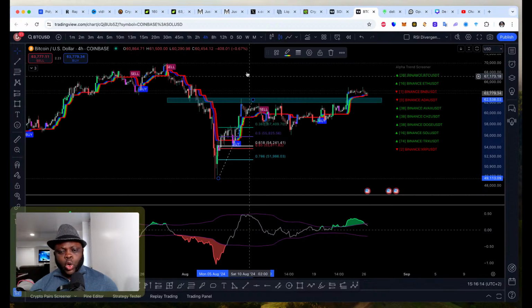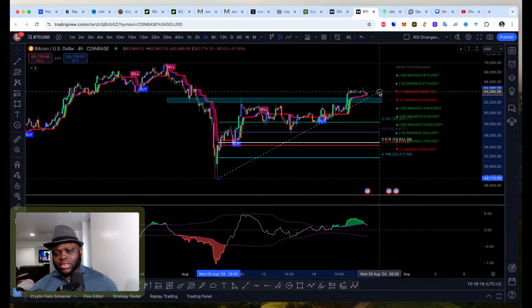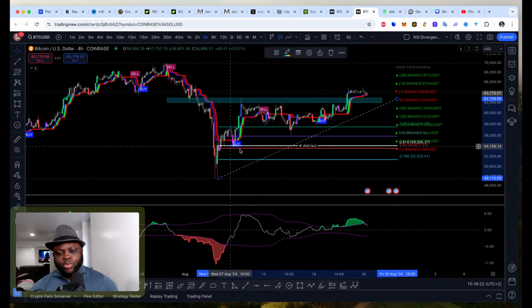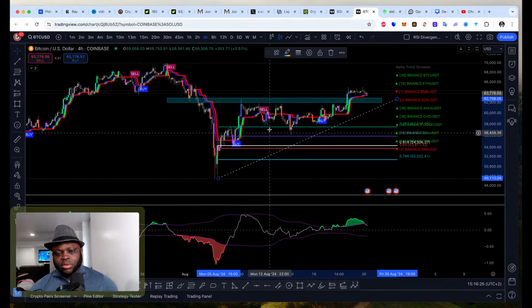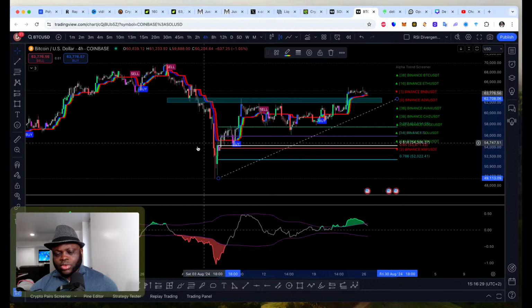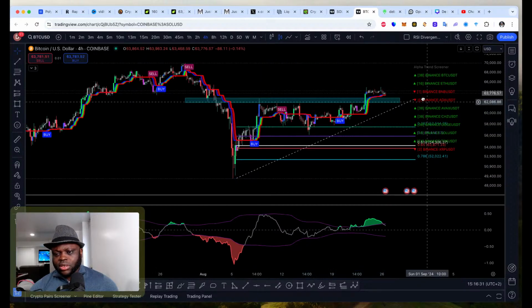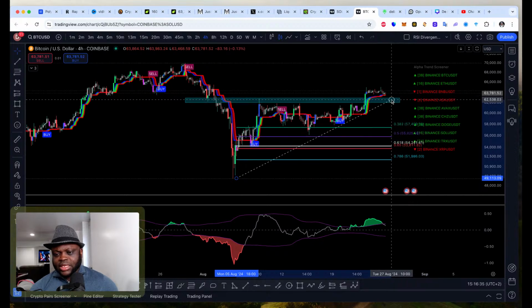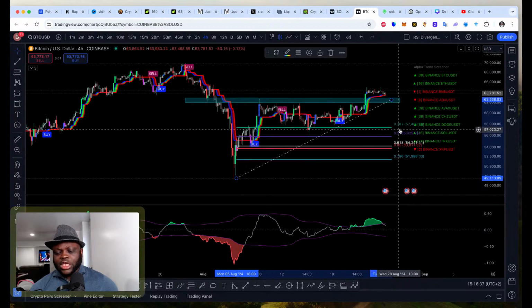Now, there are two zones you want to look at. When you plug this Fibonacci tool here, you want to look first at the golden pocket. This is it, and you also want to look at the 0.382.